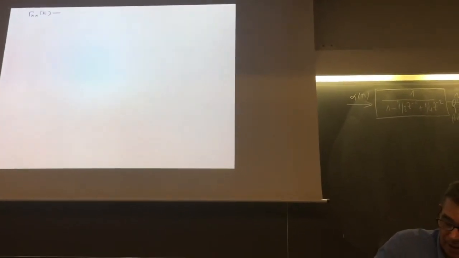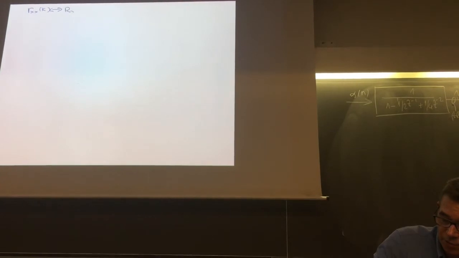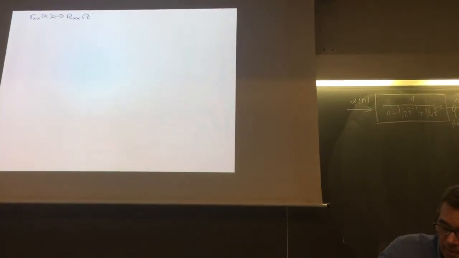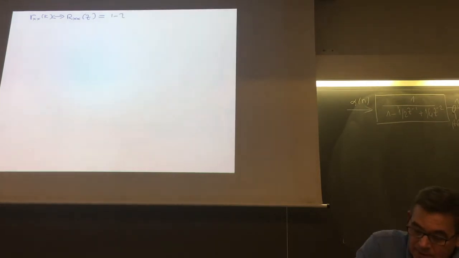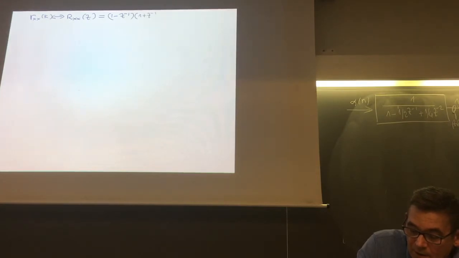So to compute Rx(k) by Z transform, it is equal to 1 minus Z to the minus 1, 1 plus Z to the minus 1, times Ryy(Z).